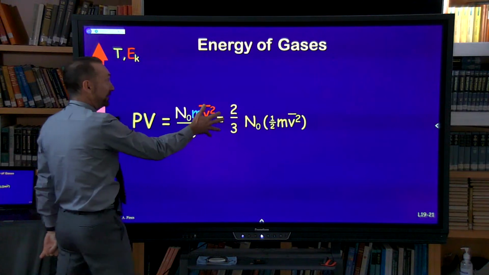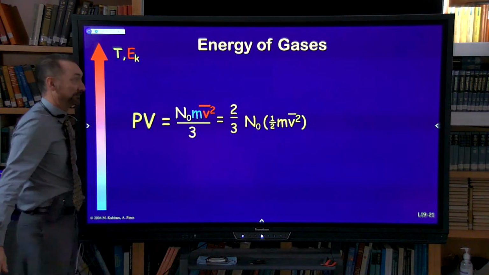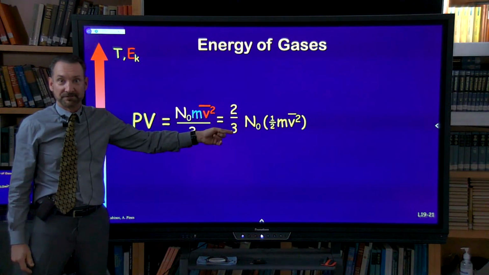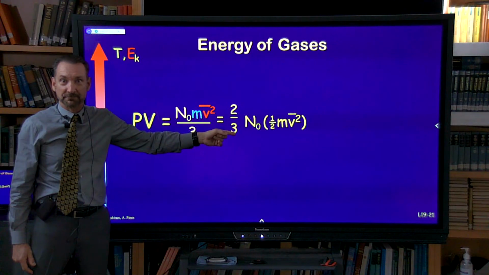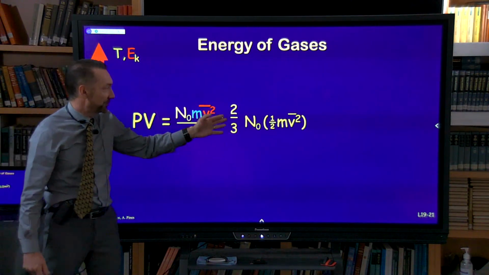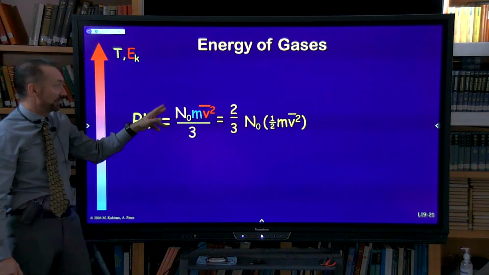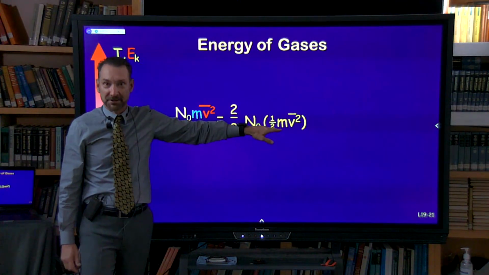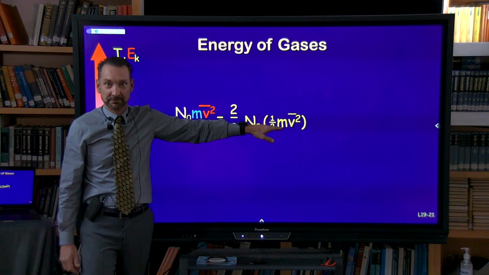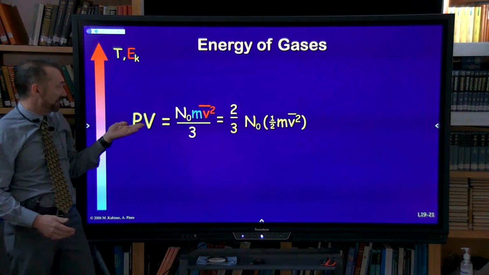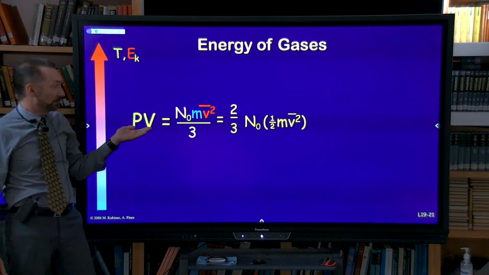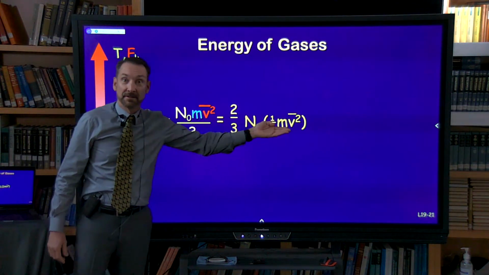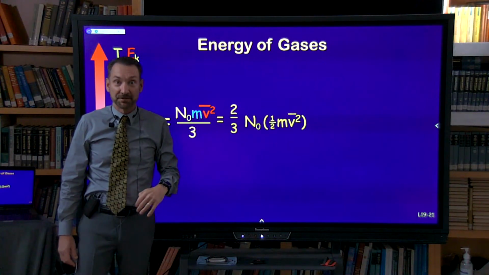Let's pull out a 2/3 and put in a 1/2. So just do a very simple mathematical relationship. That 2/3 hits that 1/2 and makes the 1 that's here. But that now is the kinetic energy of the particles. So now we see the pressure volume product is coming from the kinetic energy of the particles.